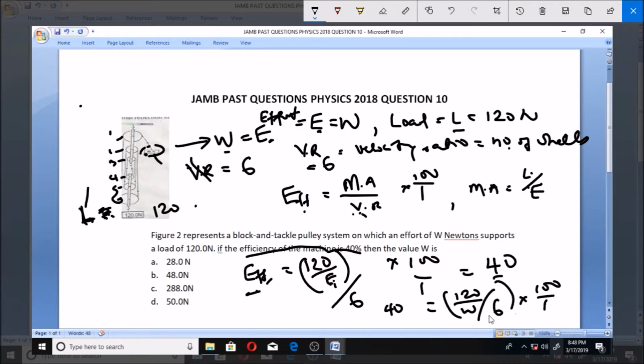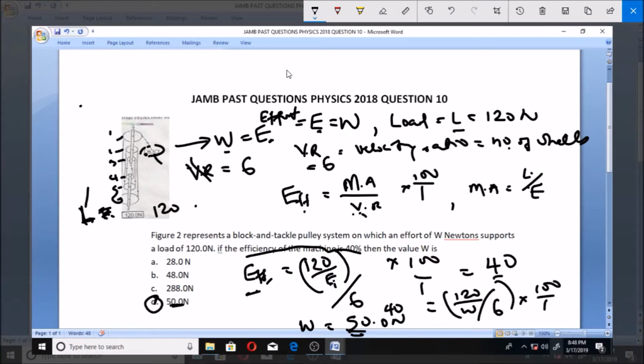In place of E we put W because the effort is W newtons. If we make W the subject, we get W equal to 50 newtons. So the answer is D.